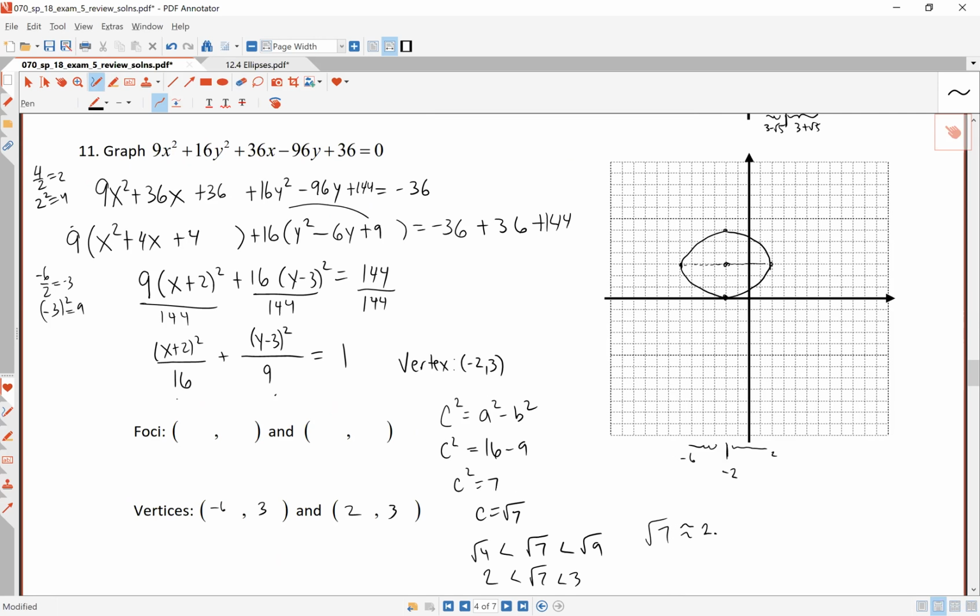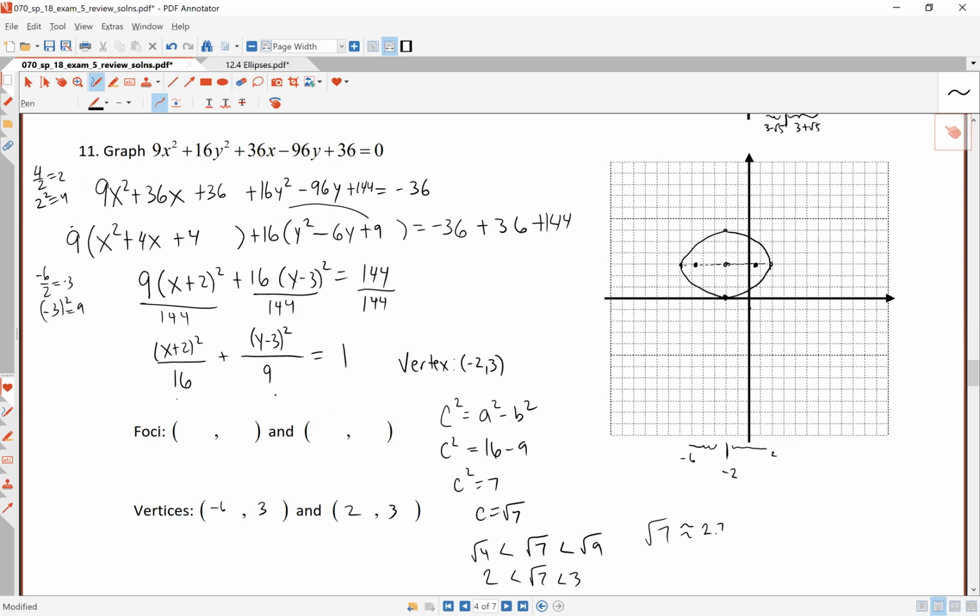So let's call it about 2.7, 2.8, something like that. So from our -2 point, we're going to move around 2.7 to the right and 2.7 to the left. Those are the locations of our foci.